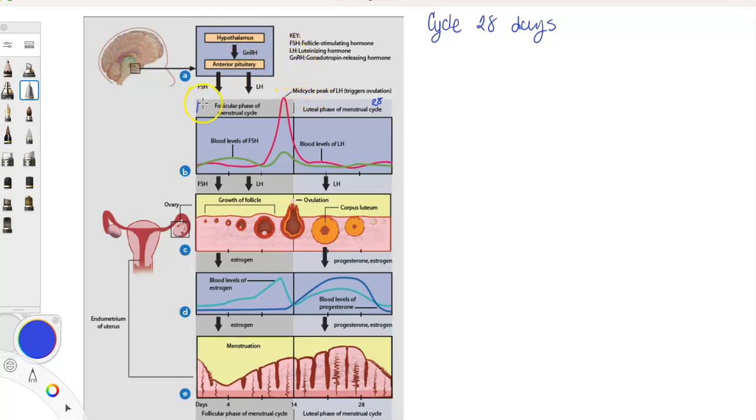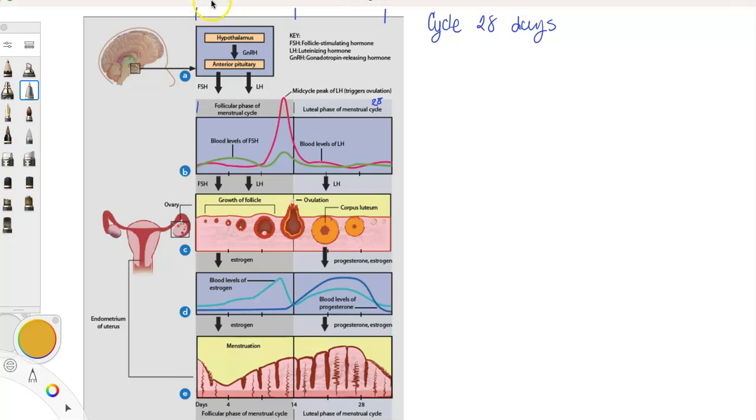So when you think of the hypothalamus, the hypothalamus is secreting gonadotropin releasing hormone, and it releases it all month. Okay, and gonadotropin releasing hormone, I can put this in like yellow.